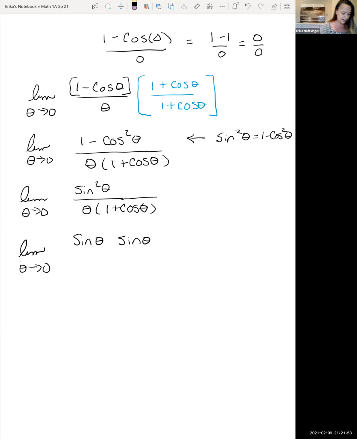And so I can think of it as the first factor in the denominator, theta, and then all times the second piece in the denominator, sine theta over 1 plus cosine theta. So now using our limit rules, remember we could take the limit of the first function times the limit of the second function.